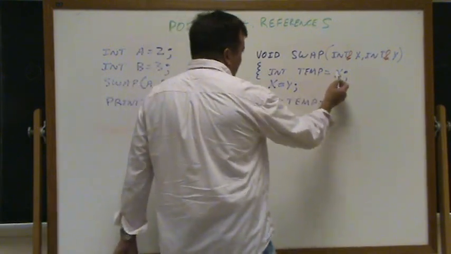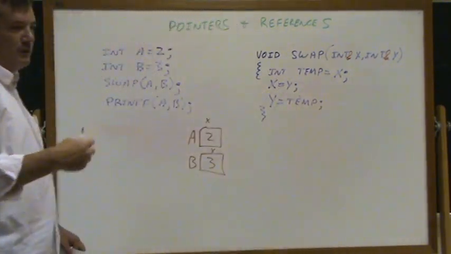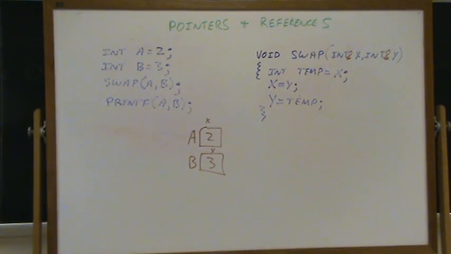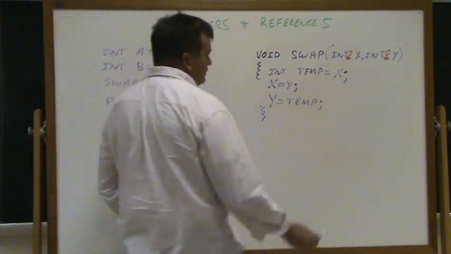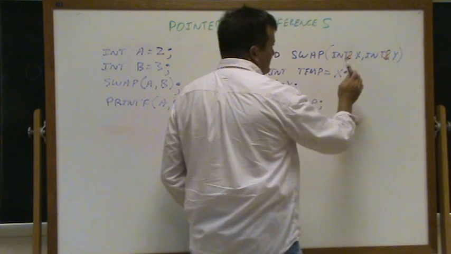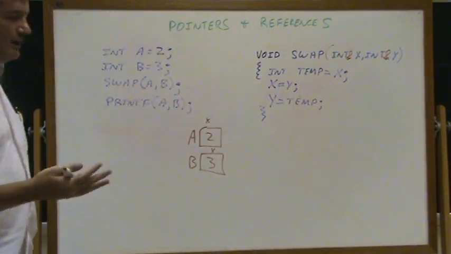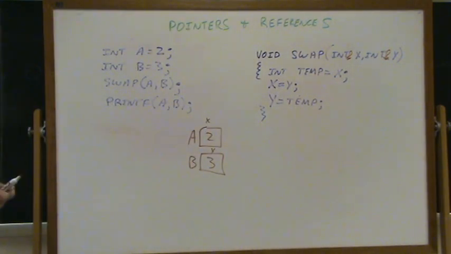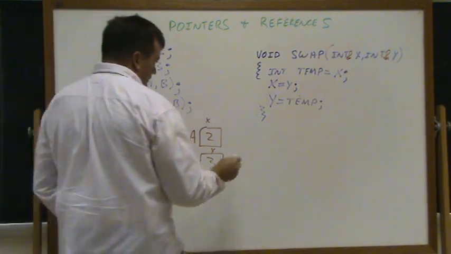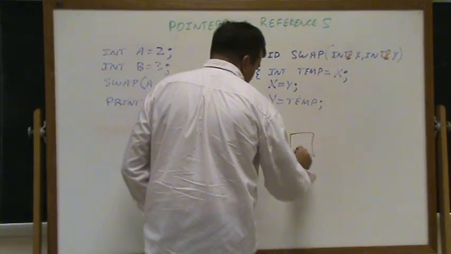X and Y would not be new pieces of storage, but instead they would just be labels for already existing pieces of storage. And because they are being assigned as soon as they get created, they know exactly what they are labels to.